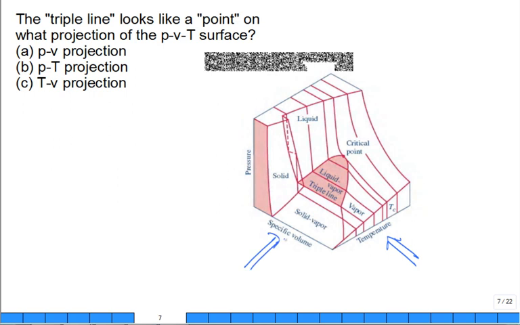When you look at the PV diagram, it actually is more of a line. And if you look down that way, which gives you the temperature volume, it's a line too. But often we don't plot that low a temperature or low of pressure when we're interested in boiling and condensing water. We're usually above that triple point temperature and pressure.